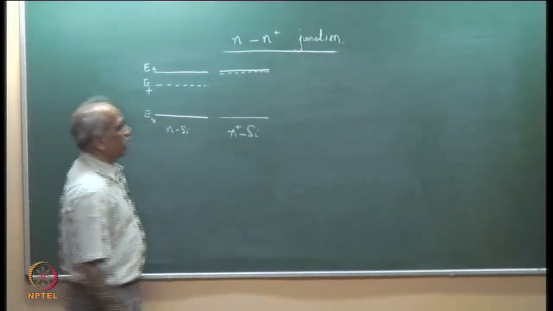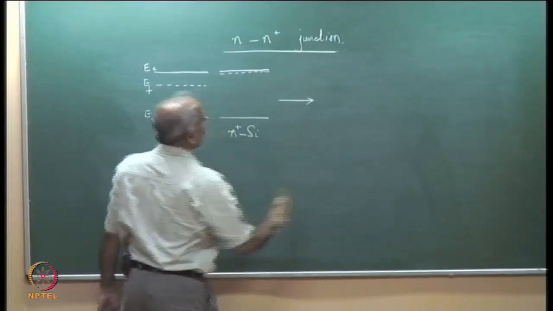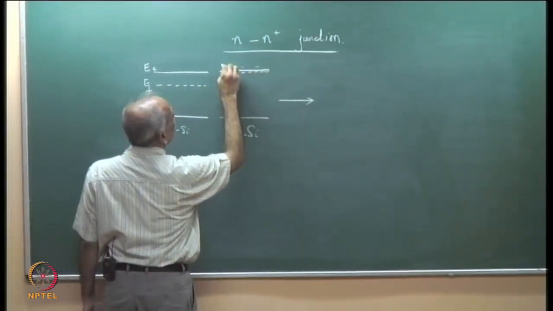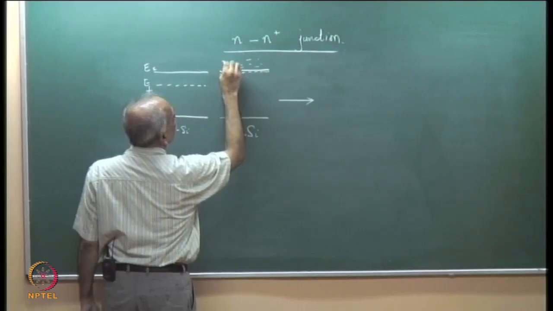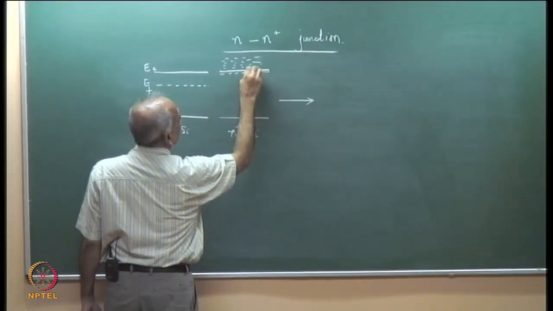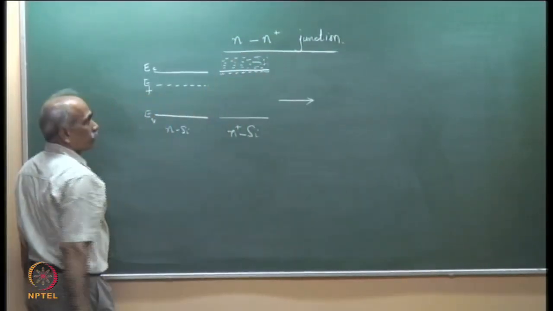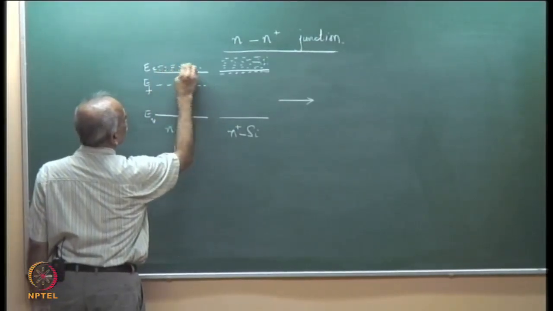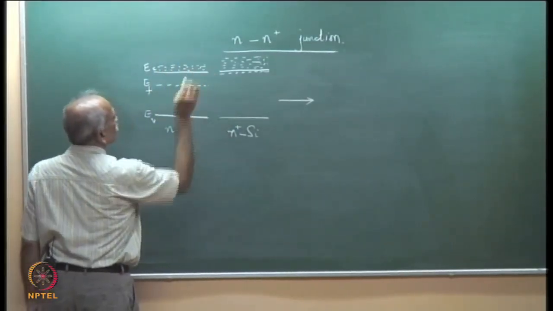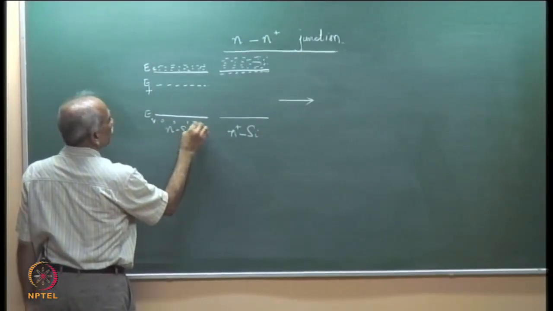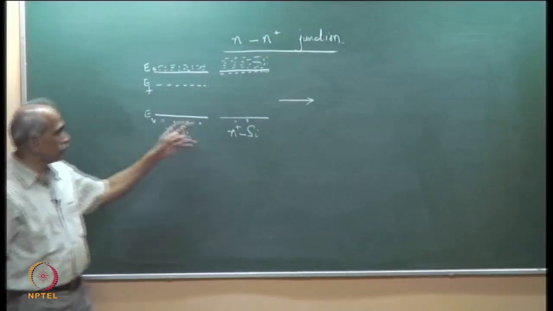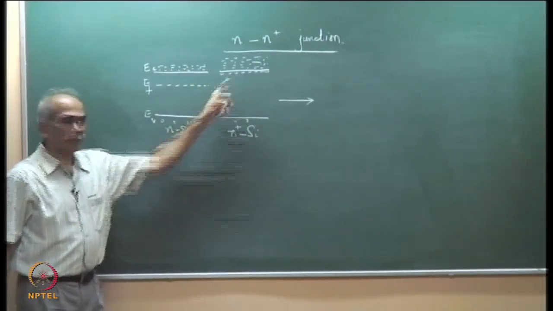What do we expect the band diagram to be when we link the two? Remember that this means there is plenty of electrons here. It is very simple to imagine plenty of water. This is also N type, so there is and few holes here, holes, electrons.